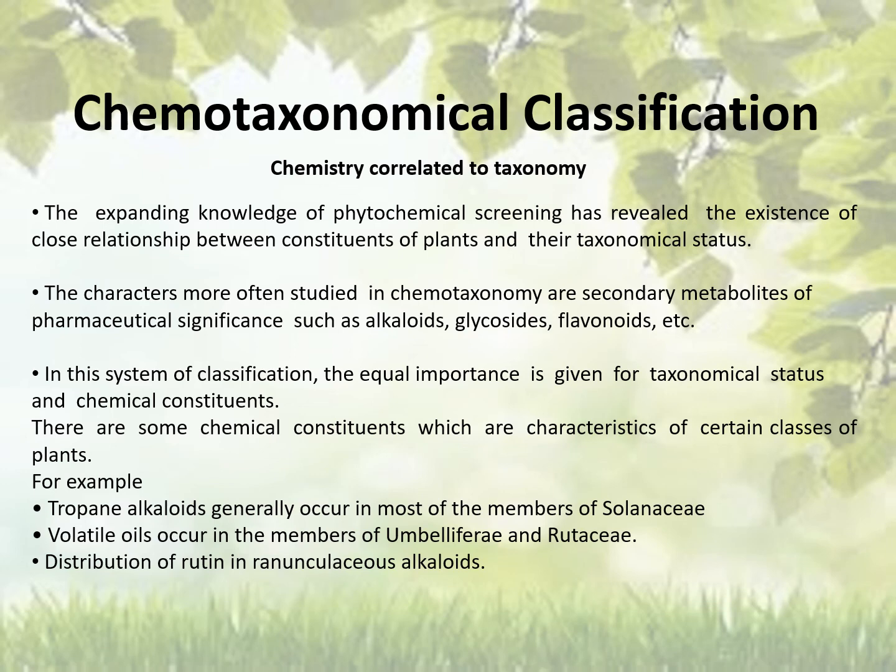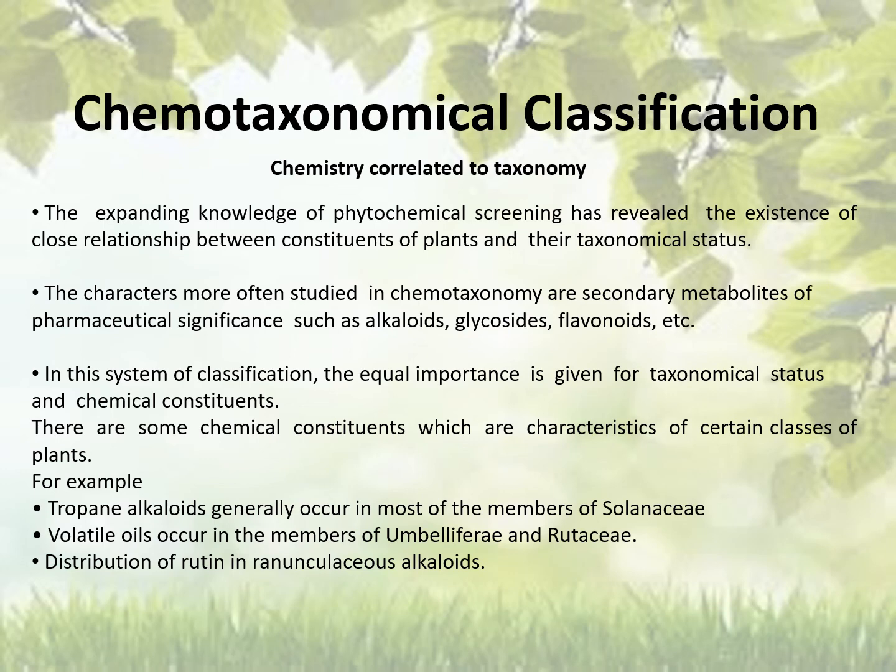Now, the next system of classification is chemotaxonomical classification. The expanding knowledge of phytochemical screening has revealed the existence of a close relationship between constituents of the plants and their taxonomical status. The characters more often studied in chemotaxonomy are secondary metabolites of pharmaceutical importance such as alkaloids, glycosides, flavonoids, etc. In this system of classification, equal importance is given to taxonomical status and chemical classification.